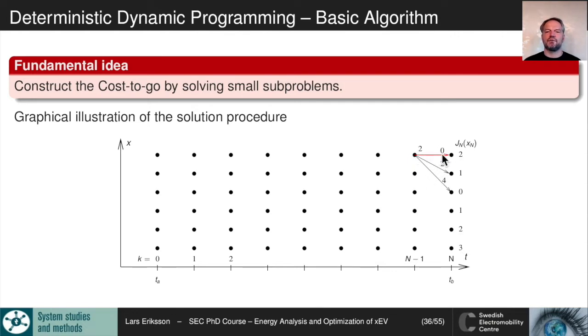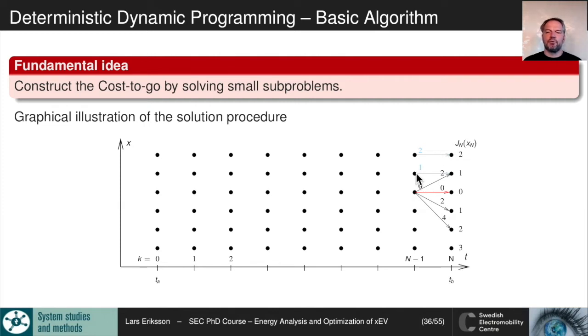So for this first cost, the arc cost is 0, and the cheapest cost of these, so following this arc the cost to go would become 3. Following this arc, it would be 4. While if we're following this arc, the cost to go becomes 2, because it's 2 plus 0. Then we go to this point, and now we have stored that point there. Now we're coming to this point, and we're doing the same thing. We're finding what is the optimal cost to go and what arc we should follow.